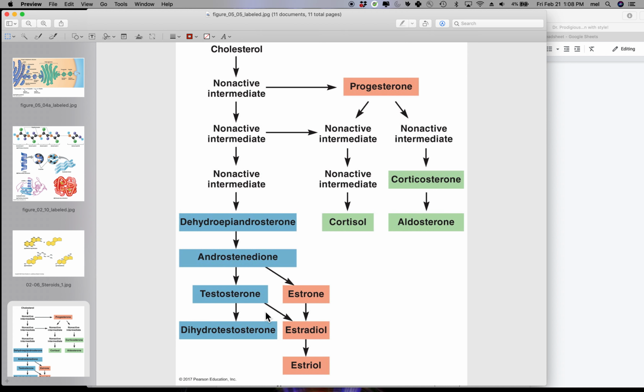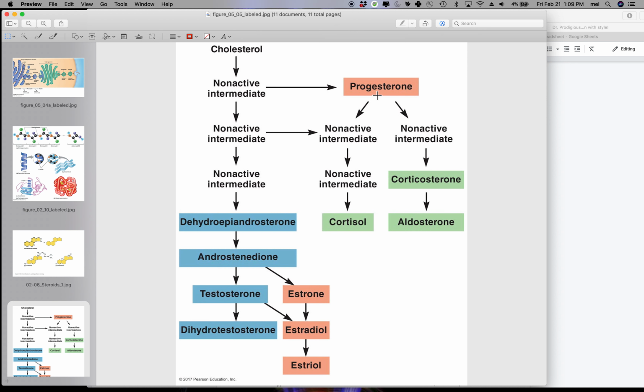Not that women don't have them, but males have a higher concentration of these, typically speaking. And then these are the estrogens. Estrogens are the female sex hormones, and again, men have some estrogens as well. And they're in pink, blue, pink. And there's progesterone, which is also a female hormone, but it's not derived from the same lineage as these guys right here. So that's progesterone.